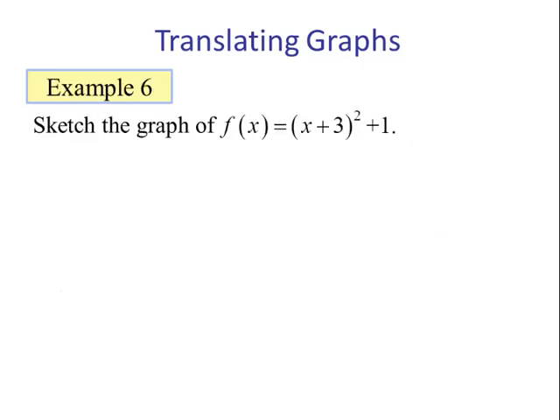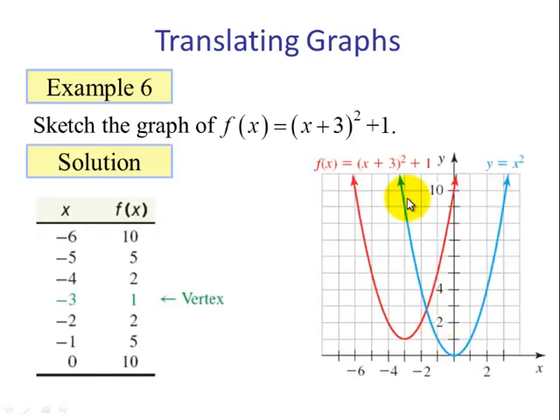Example 6. Sketch the graph f of x equals x plus 3 squared plus 1. In this case, h is a negative 3, a is a positive 1, and k is a positive 1. Solution: here's the basic x squared graph. Since a is positive, it's not going to have an effect for the new graph.